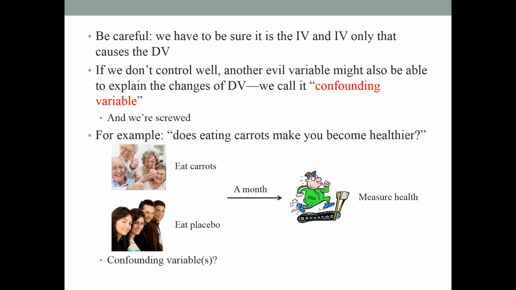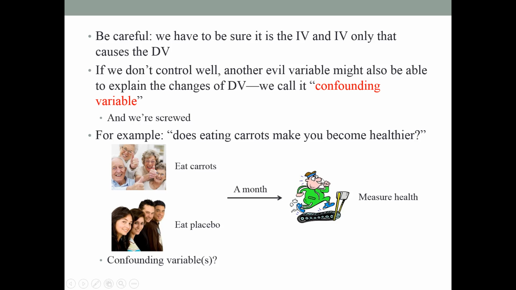Now, if we divide the people based on their age, so this group are old people, this group are young people. Young people eat placebo, old people eat carrots. And then we compare their health a month later. What will be the confounding variable? It will be the people's age.